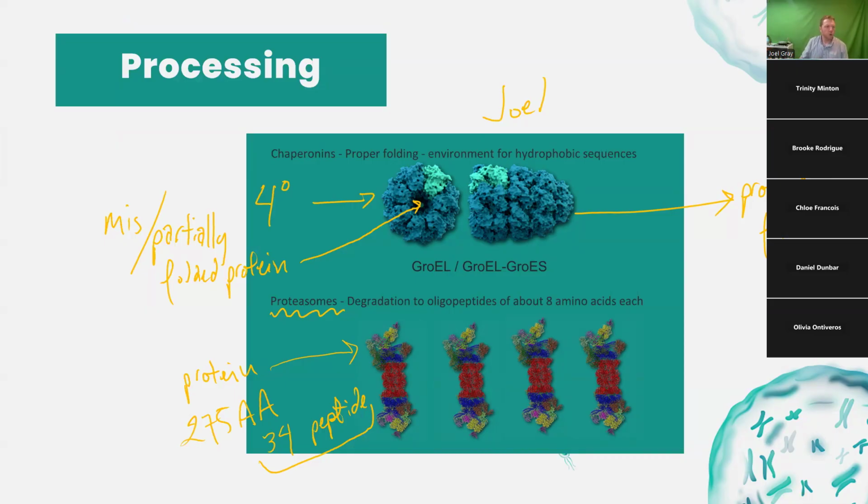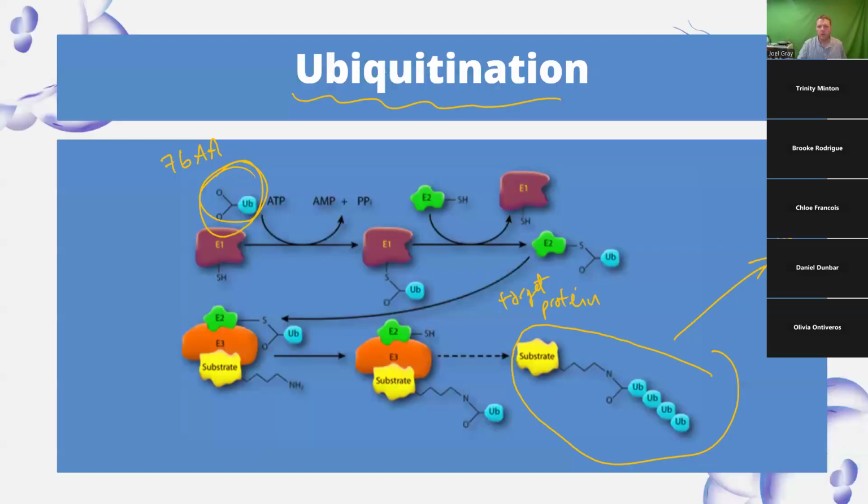Is ubiquitination only for digestion? That is an amazing question, and I would say no, it's not. Sometimes, if you get this chain right here of 4 ubiquitin subunits, then chances are that protein's going to get degraded.